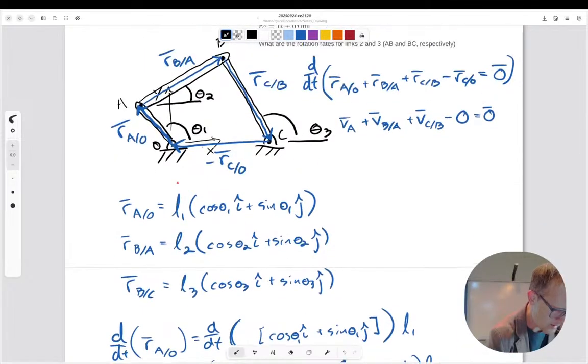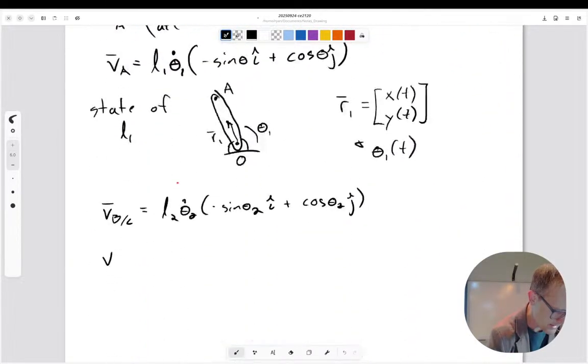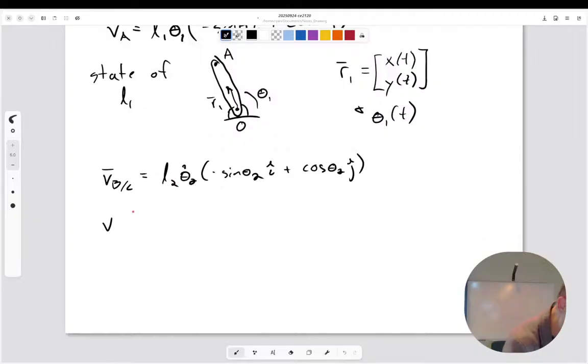Oh yeah, V of B slash C. That one's L3. Whoops, this is BA. I was trying to go quick because I realized we're almost out of time.